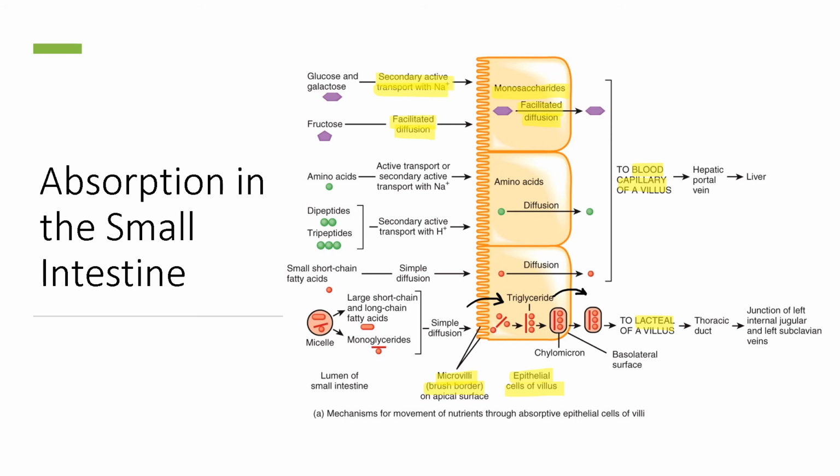Moving on to proteins. These are going to be these green dots here. The green dots are going to be the amino acids, because most proteins are absorbed as amino acids. These are going to be single molecules that make up proteins.